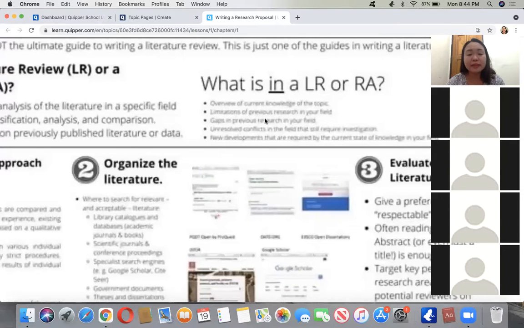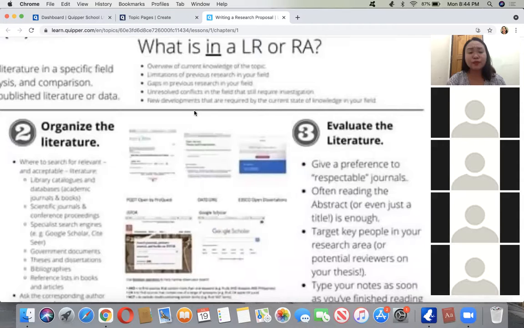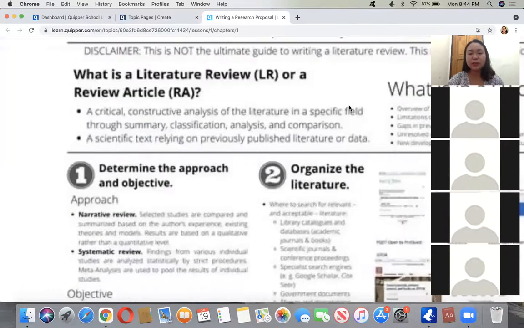What are the limitations of the previous research in your field? Is anything lacking, and what are the gaps? What if there are unresolved conflicts in the field that still require investigation? And what new developments are required by the current state of knowledge in your field, in your own idea? That makes you a complete author if you can do that.